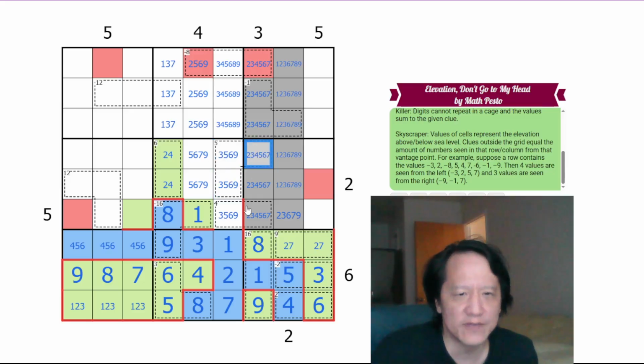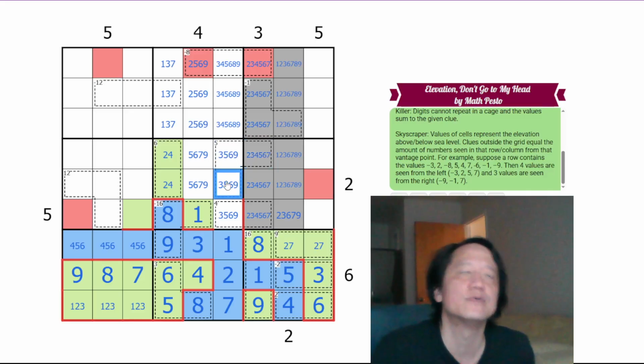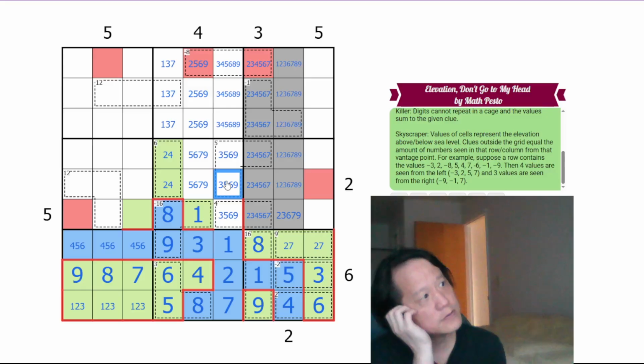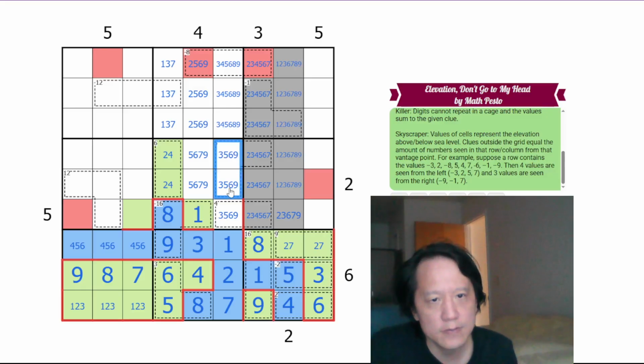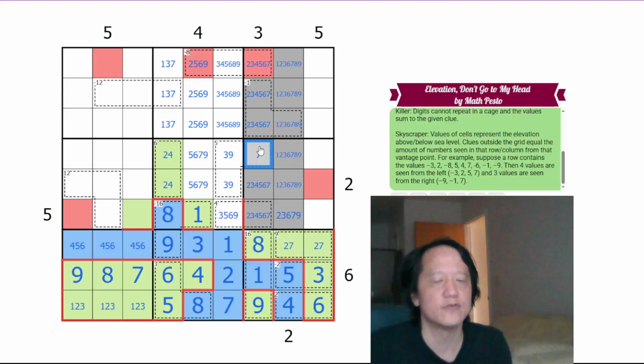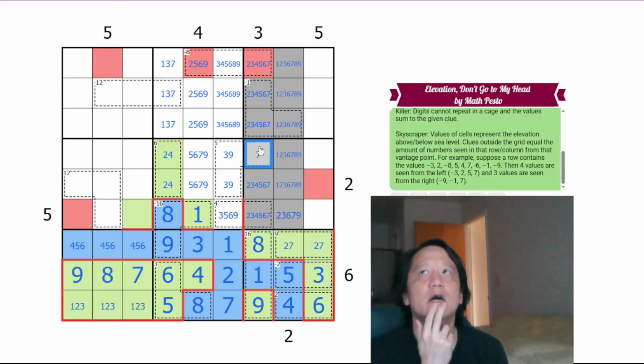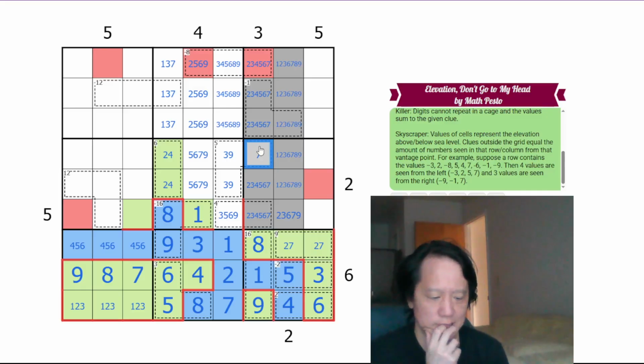12 minus 7 does work if it's 3, 9, and 7. We don't have 4, 8 available, and obviously to get to the 7, we don't have 5, 7 available. 11. So right now, what are the possibilities? We could have 3, 9, and 7. 11 minus 5 is 6, so that would be a negative 6.